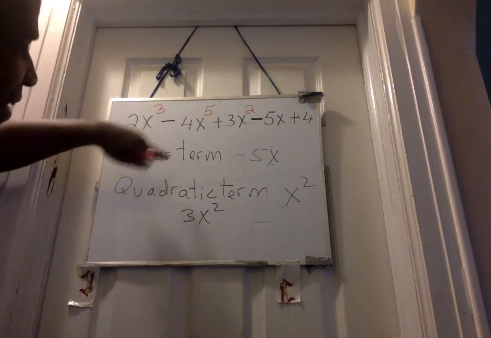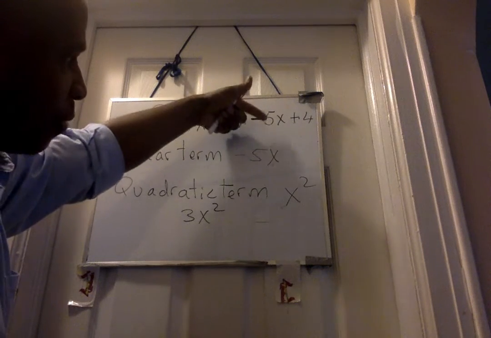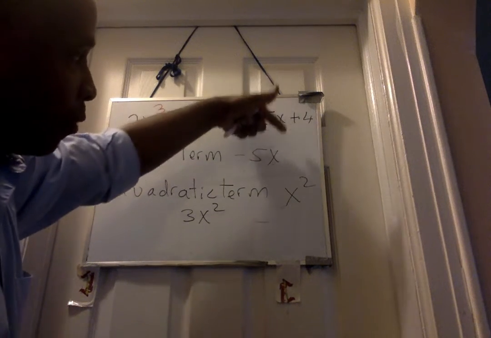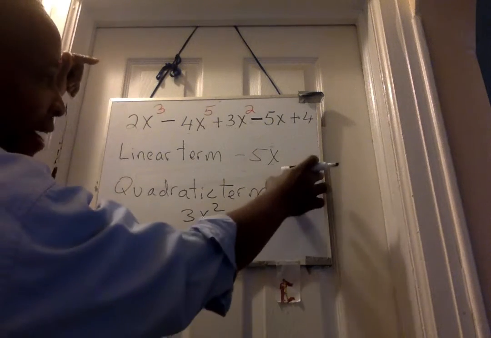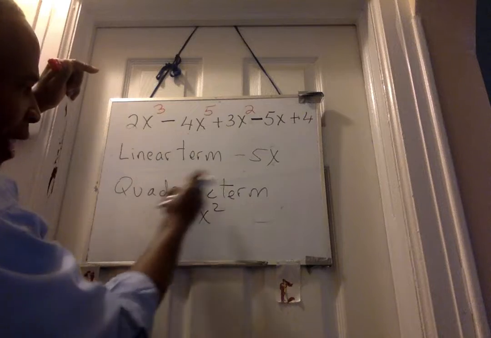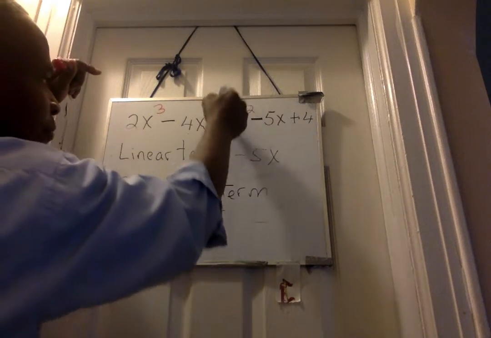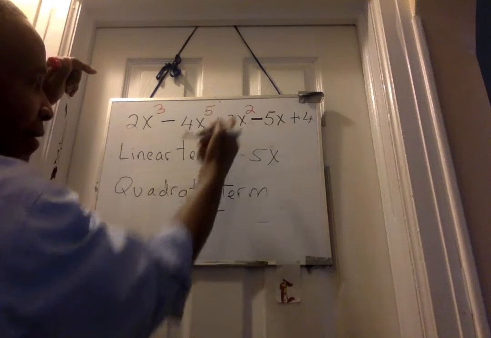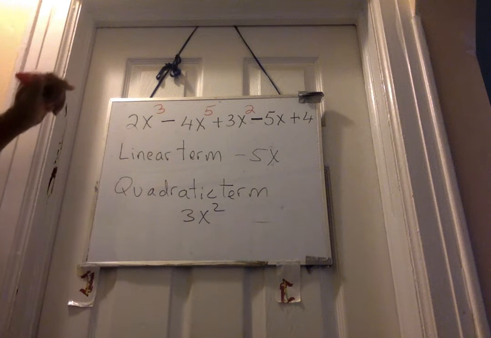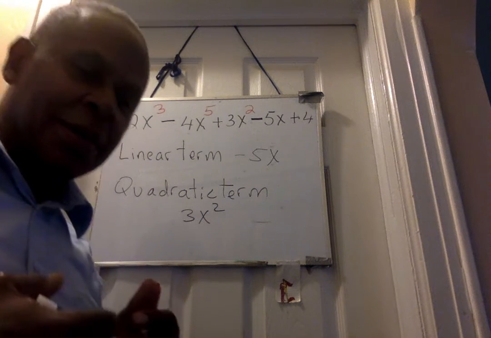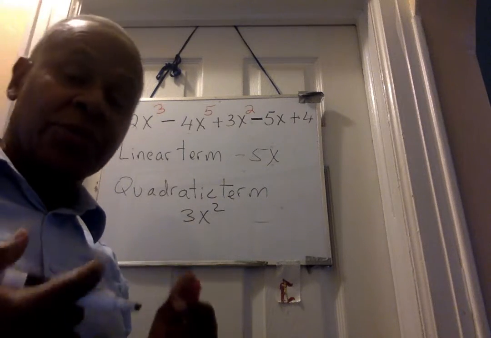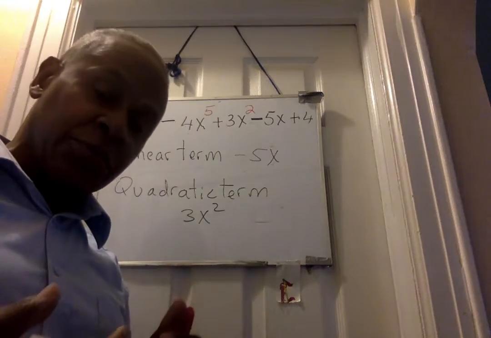Linear term is the term with the x, with the invisible 1 exponent. Quadratic term is the term that has the x squared in it. So the quadratic term for this polynomial is this one because it has the square. Okay? So that's basically what you need to know to be able to do your homework.